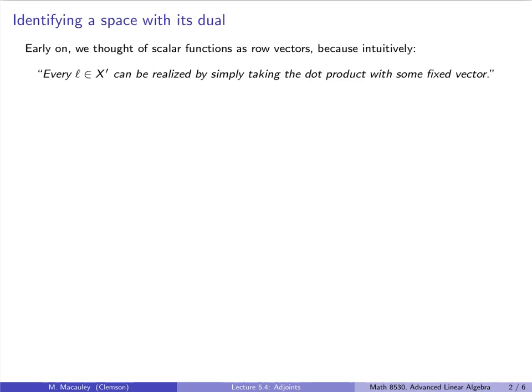So for example, L of x, if we think about x as a column vector, C1, C2, up to Cn, with respect to a basis, of course, we can think about L as a row vector, A1, A2, An, and then L of x is just A1 C1 plus dot, dot, dot, An Cn.